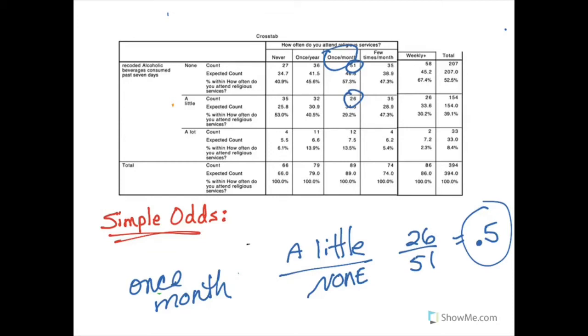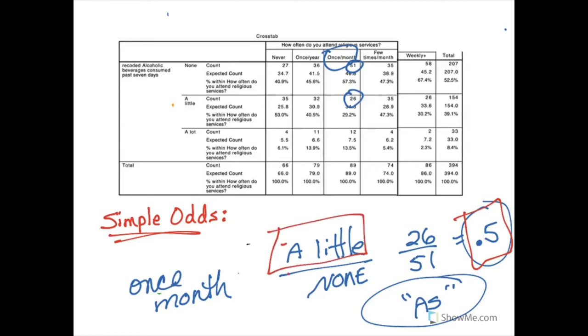When it's a decimal, instead of saying more likely, we use the word as. Otherwise, it doesn't make grammatical sense. But other than that, the interpretation's the same. You are 0.5, or more simply, half as likely to drink a little alcohol versus no alcohol if you went to church once per month.